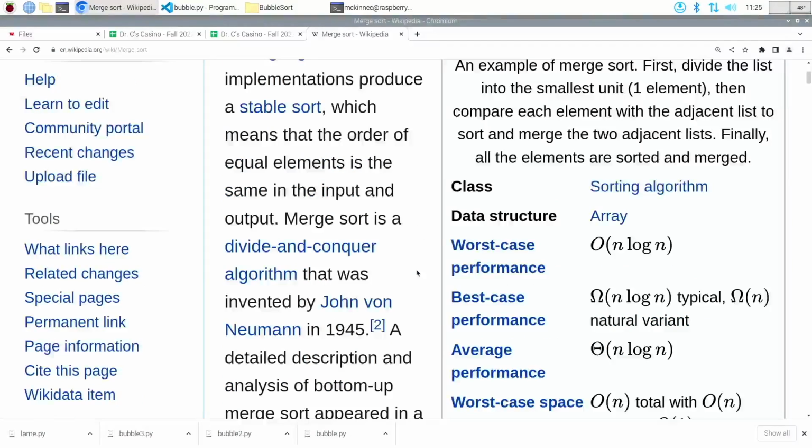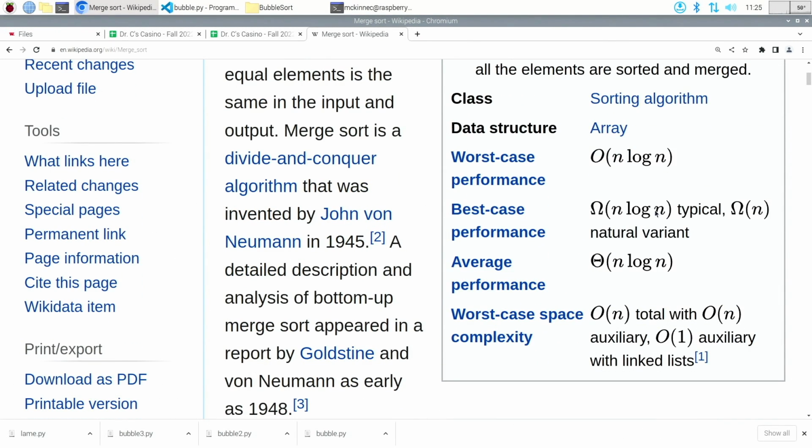And on average, it does. In fact, the average performance is not n squared, but rather n log n. Now, logarithms. We all love them, don't we? No, you don't like logarithms?